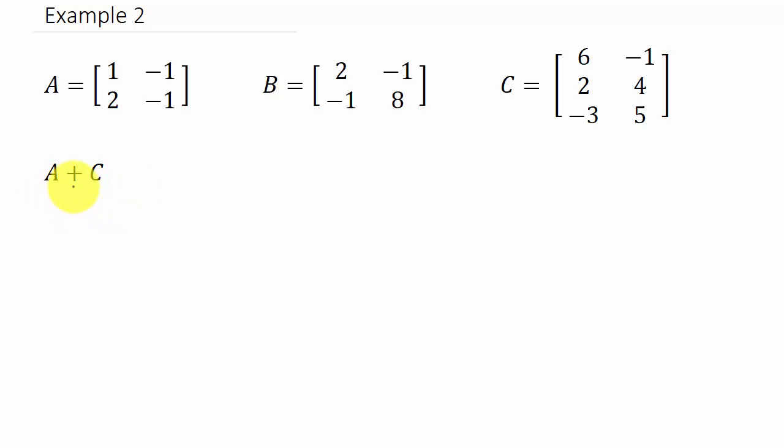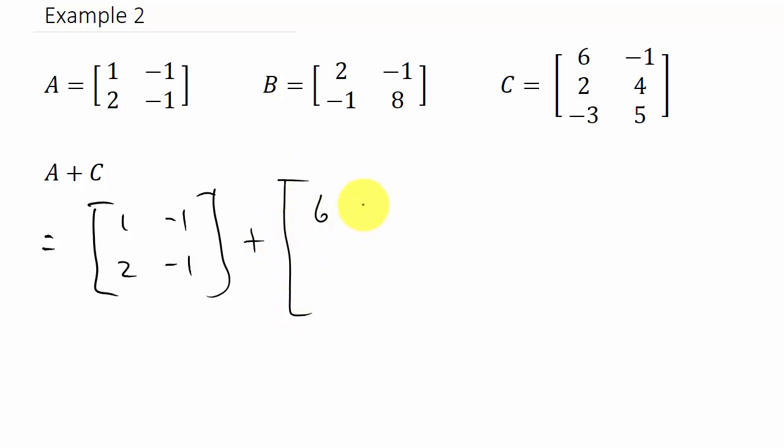We've got A plus C, matrix A plus matrix C. So we're going to get 1, negative 1, 2, negative 1, plus 6, negative 1, 2, 4, negative 3, 5. Okay.